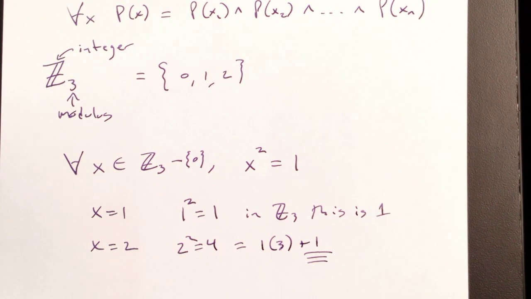Quotient and remainder, that's how it divides, right? I have one 3 with 1 left over. Yeah, 2 squared is equal to 1. There's a sentence you never thought you'd hear me utter in my entire life, right? It's a math class, man. 2 times 2 is not 1. It is in this universe.